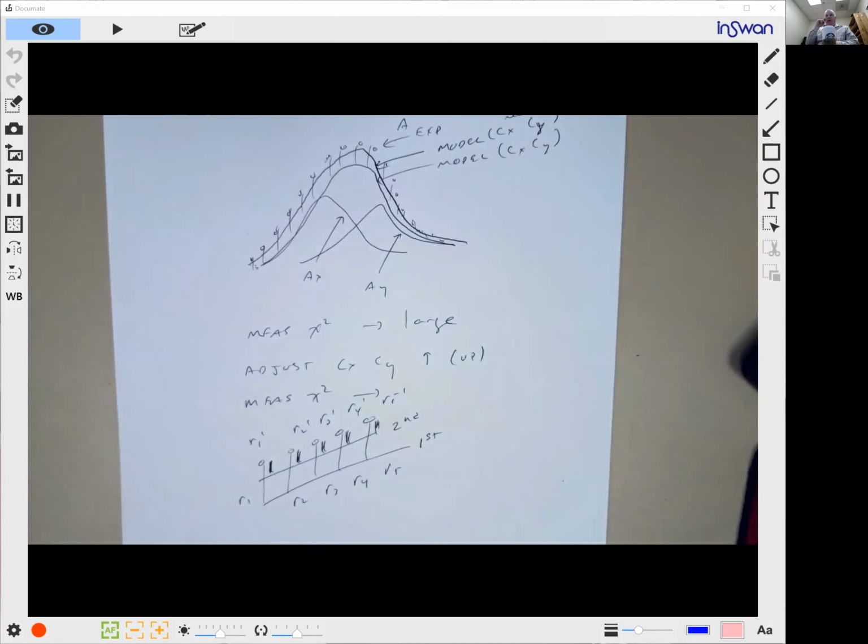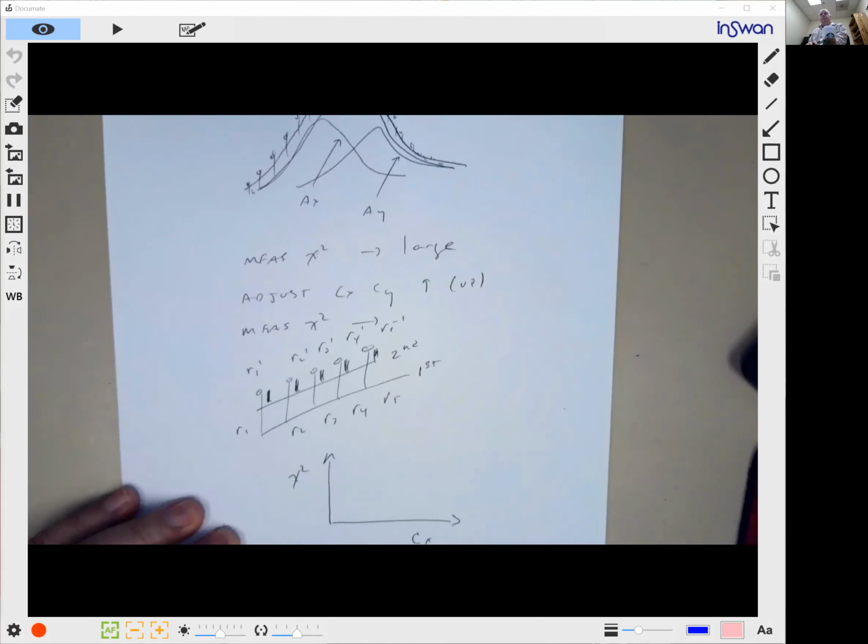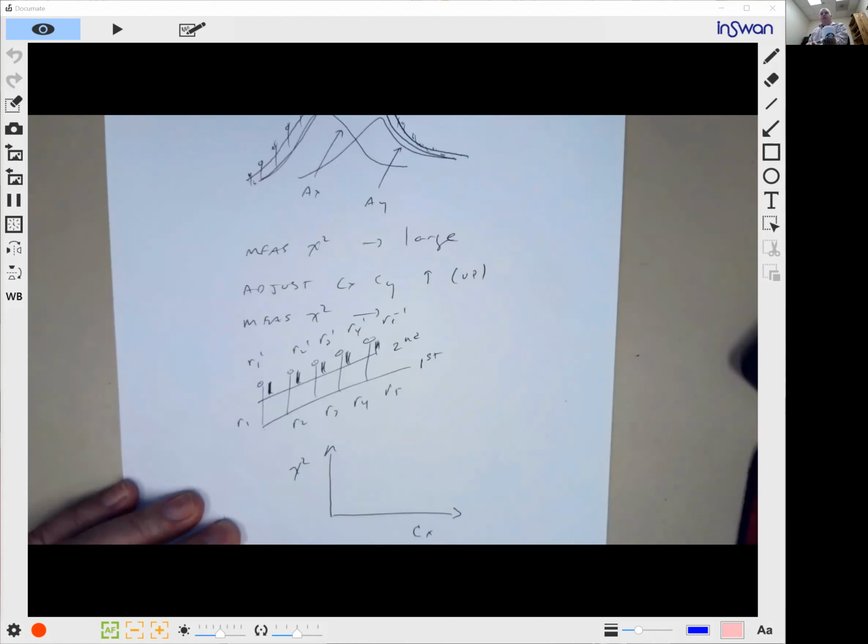So the question I want you to answer for me is, what is the functional form of chi-squared versus our guess for C sub x?